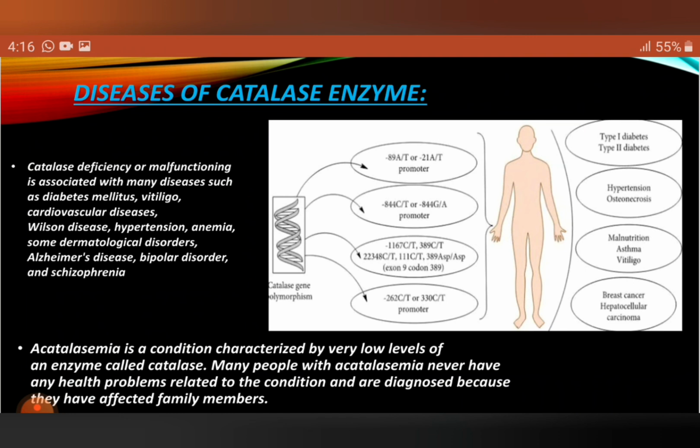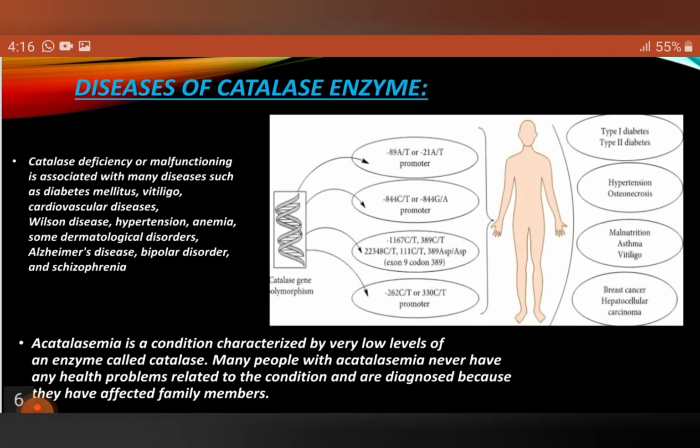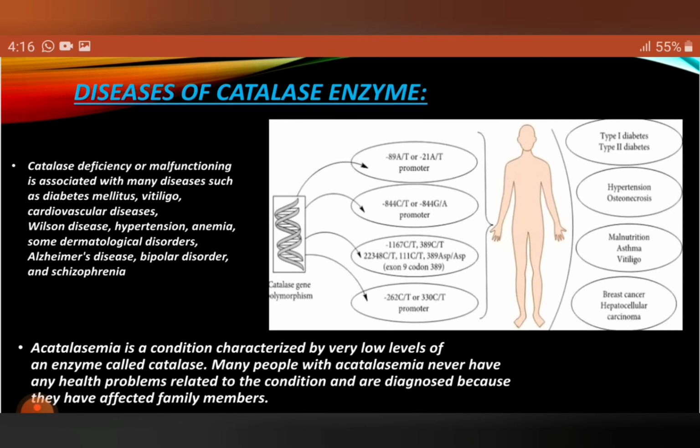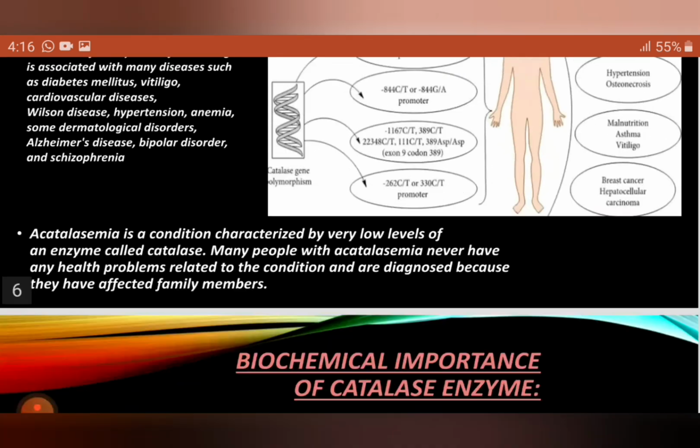It is the condition in which there is a loss of blood flow to bone tissues, and also many diseases are caused by the low level of catalase enzyme, which is known as acatalasemia. Examples: bipolar disorder, Alzheimer's disease, asthma, etc.